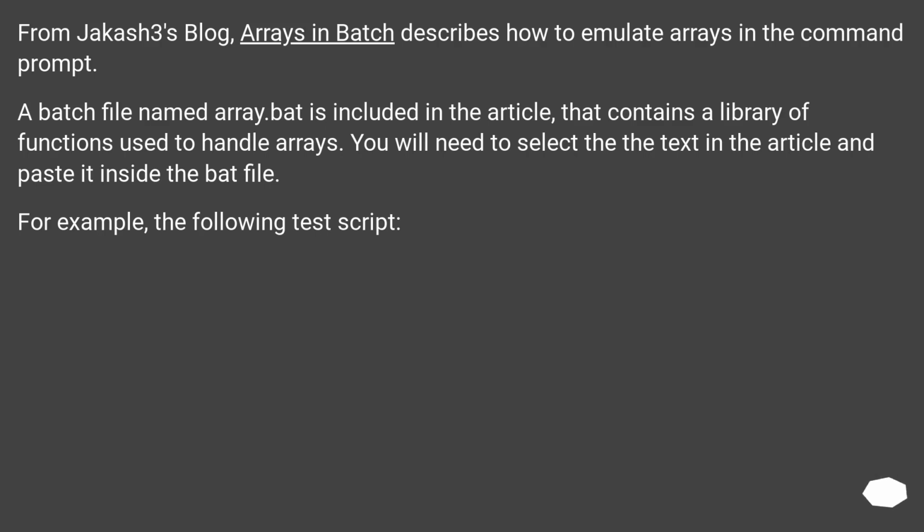From Jakash3's blog, Arrays in Batch describes how to emulate arrays in the command prompt. A batch file named array.bat is included in the article, that contains a library of functions used to handle arrays. You will need to select the text in the article and paste it inside the bat file.